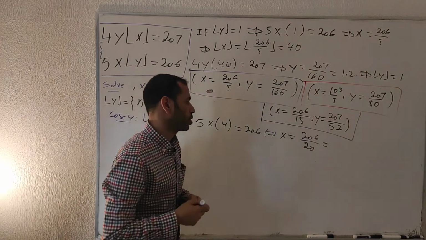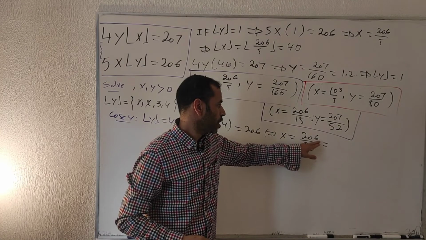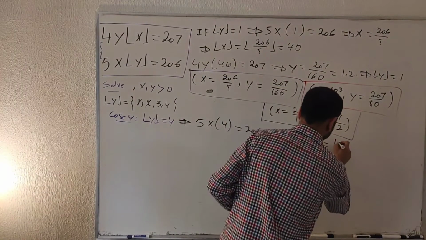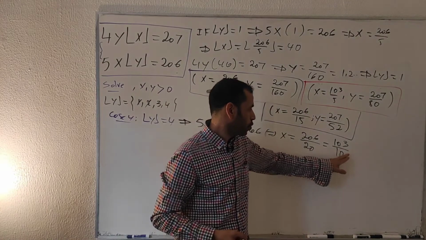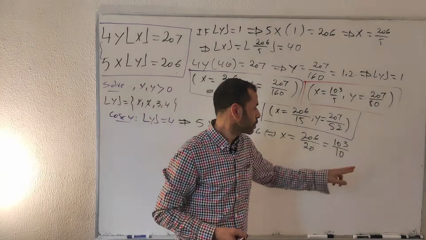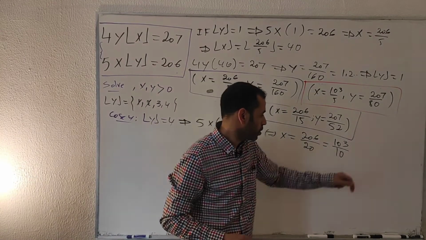Then this is a reducible fraction. I'm going to divide by 2. I get 103 over 10, which is 10 point something. So if I apply the floor of x here, I get 10.